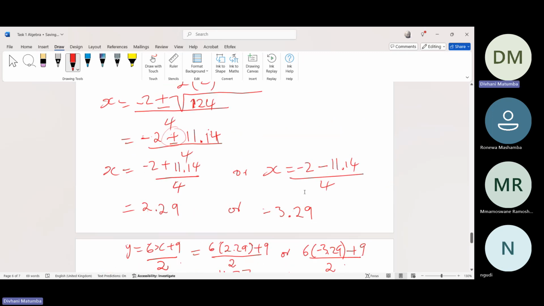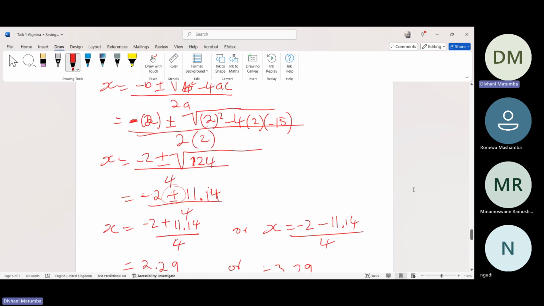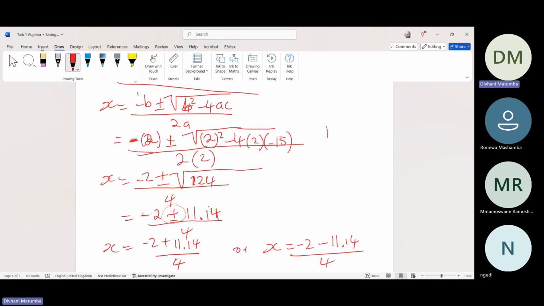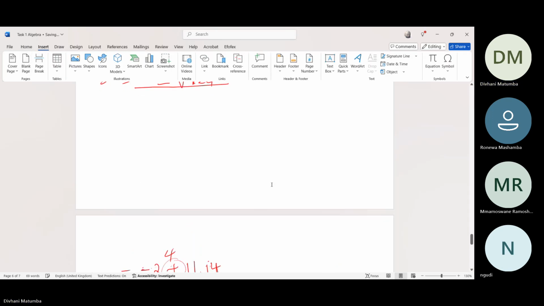So what you will notice is that whenever you have a parabolic expression or a quadratic expression, it is expected to be a parabola.